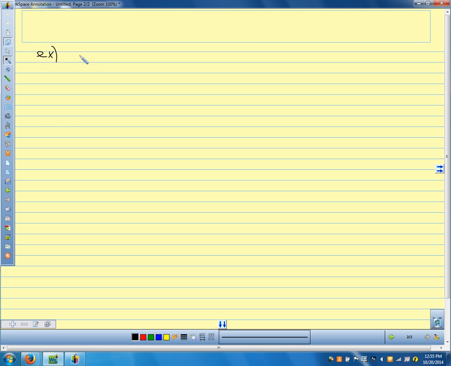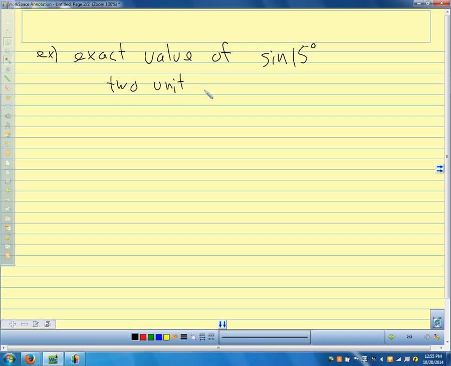So first one, find the exact value of the sine of 15 degrees. The fact that the question says exact value tells us we're not plugging this into our calculator. This somehow involves unit circle angles. So what we have to do here is find two unit circle angles that add or subtract to 15 degrees.